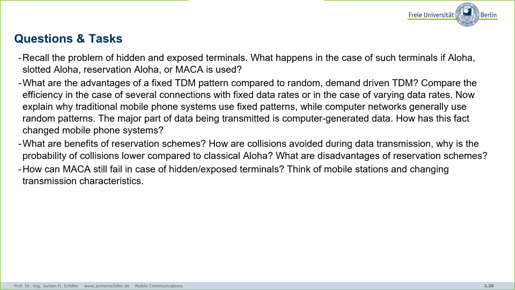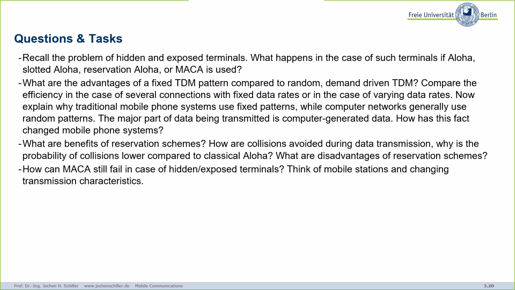Lower collision rate, yes. Why do we have a lower collision rate in this first phase, in this Aloha phase? Yeah, you don't lose the actual data. Yes, the answer exactly is reservation packets are small, very short packets. Yes, exactly, whereas we transmit data for way longer time. So that's exactly the idea. The reservation packets are way shorter.